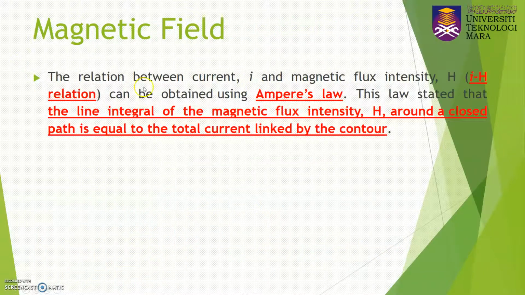Next, the relationship between the current I and the magnetic field intensity H, or the I-H relation, can be obtained by using Ampere's law. This law states that the line integral of the magnetic field intensity H around a closed path is equal to the total current linked by the contour.